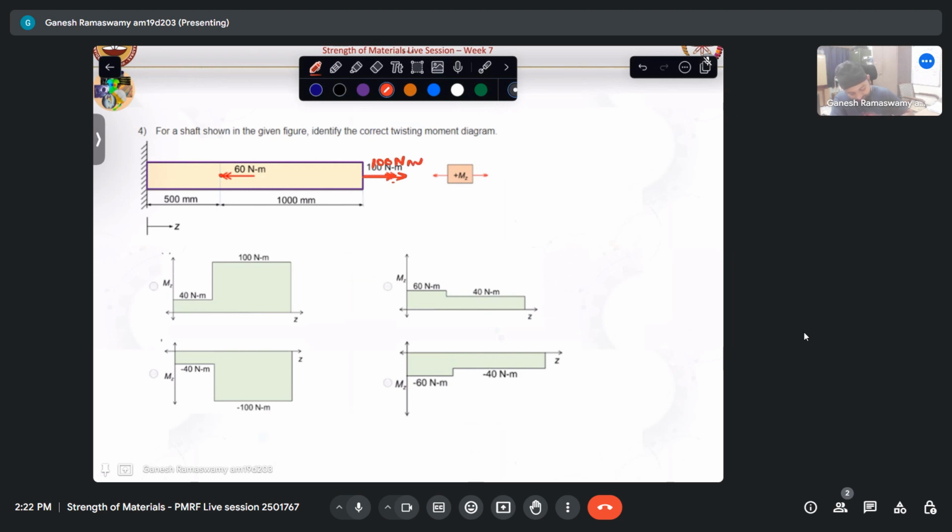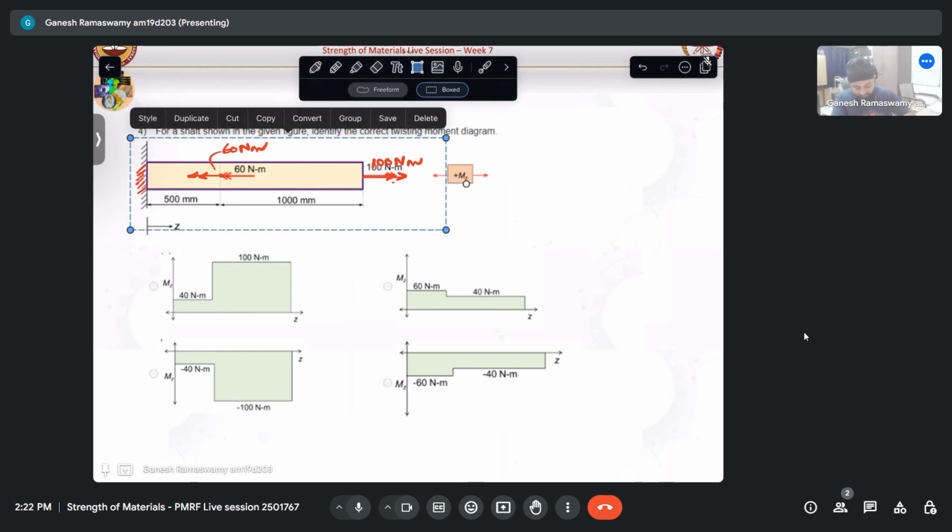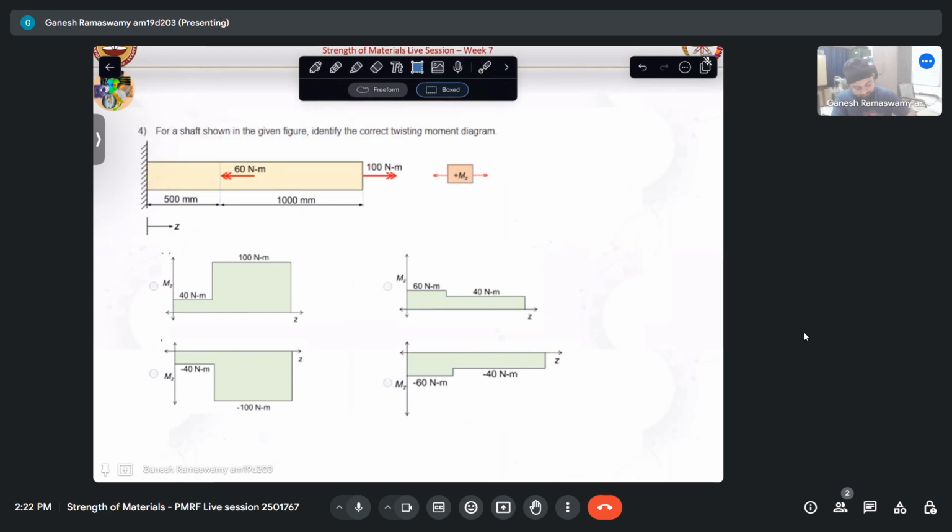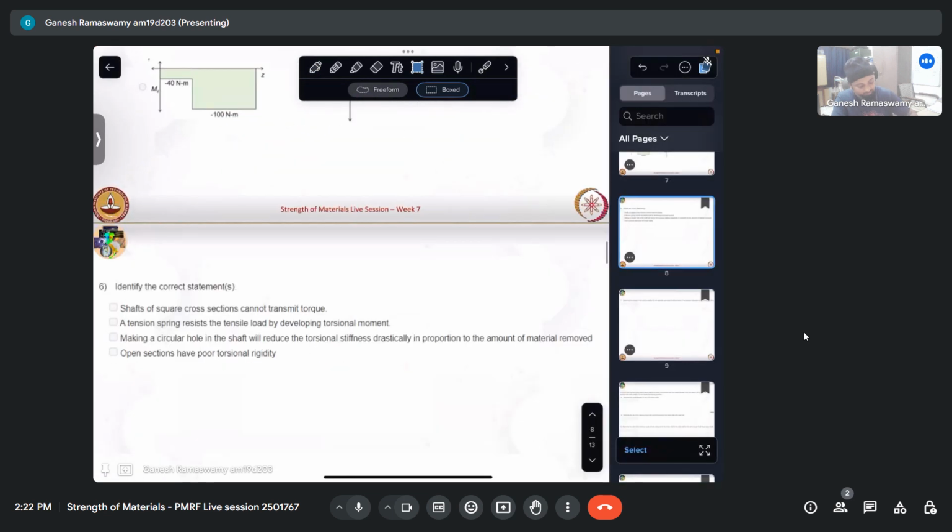At this point, I have a twisting moment of 60 Newton meter, and this end is fixed. So let me take this and get to a new page.